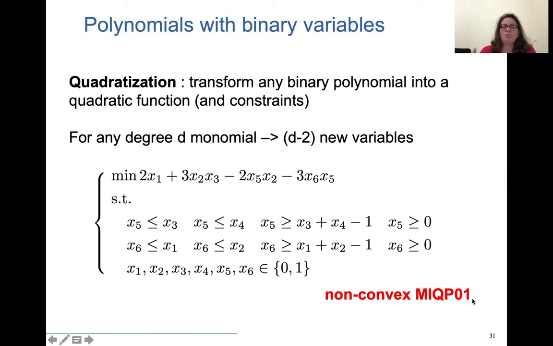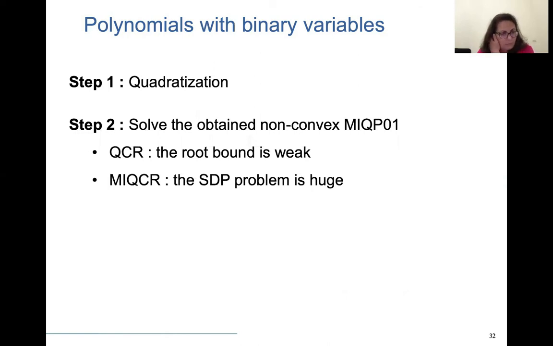But on this problem, you can apply our previous methods, QCR or the improved version of QCR. What happens when we applied QCR to this quadratized problem is that we observed that the root bound was quite weak. But when you apply the improved version, the problem is huge.